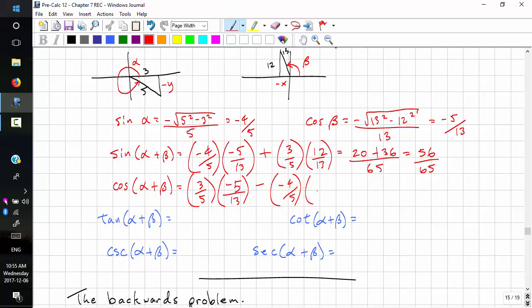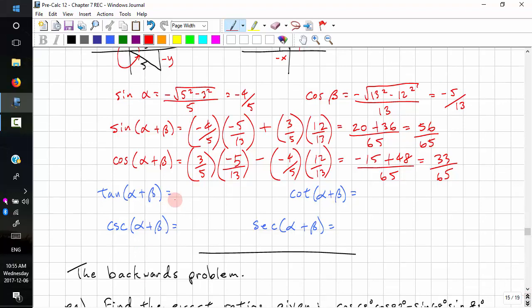Sine beta, that's 12 over 13. Again, 5 times 13, 5 times 13, we have the same denominator. So we have negative 15. There's 2 negative signs, so this is plus 48 over 65. And that simplifies to 33 over 65.